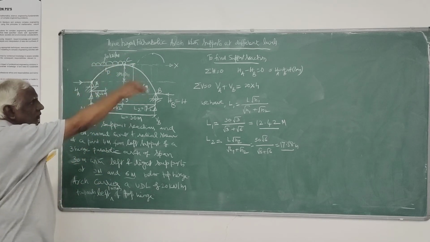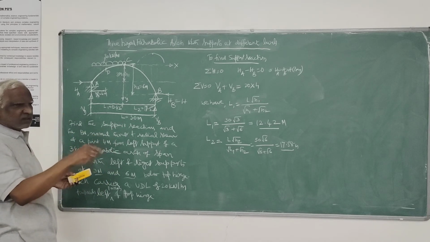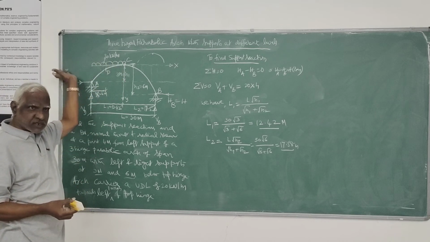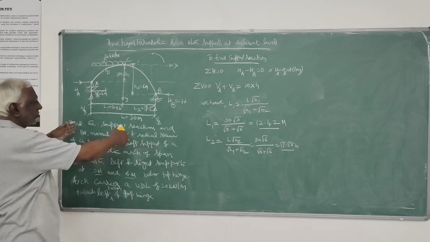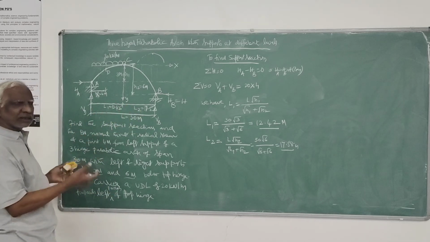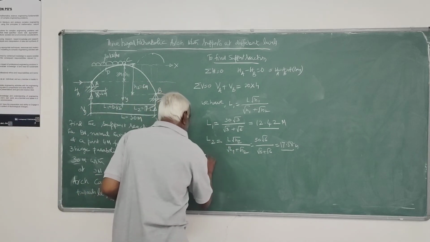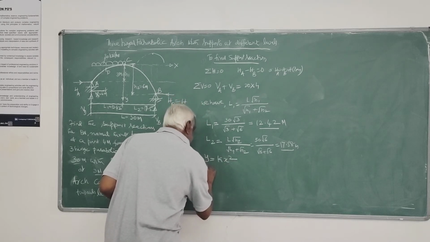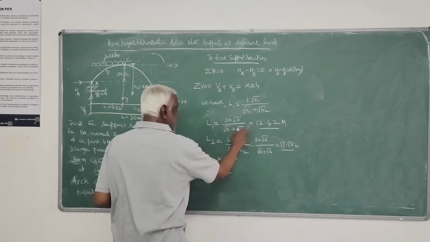Or when you consider two parabolas, you can use your usual equation y equals 4h over L square into x times L minus x, where h is H1 for the first parabola and H2 for the second, and L is twice L1 or L2. You can use that equation also, and y equals kx square. So for H1, you take k into x, which is L1.